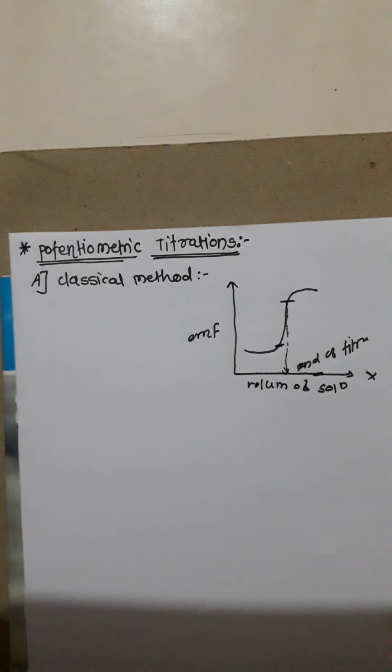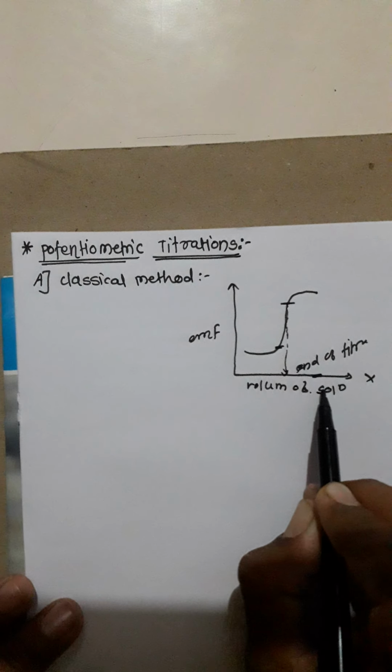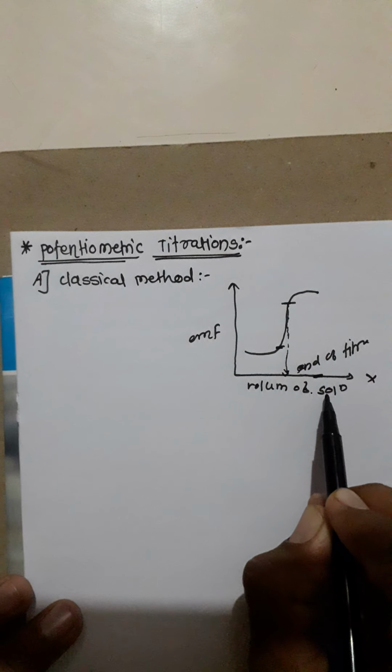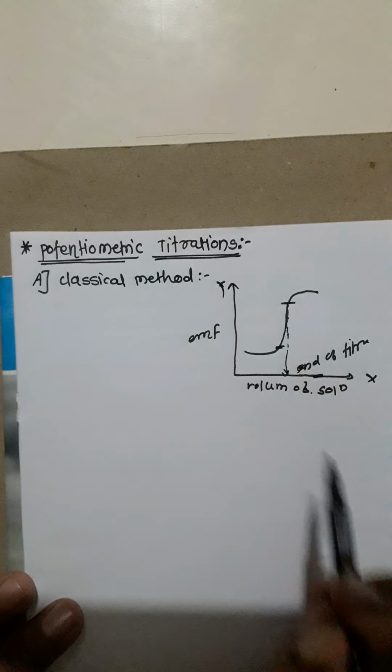In the classical method, for example, whenever a volume of solution is added from the burette, plot the volume on the x-axis and measure the EMF on the y-axis. You already know that in potentiometric titration we measure the EMF, or cell potential, or reduction potential.